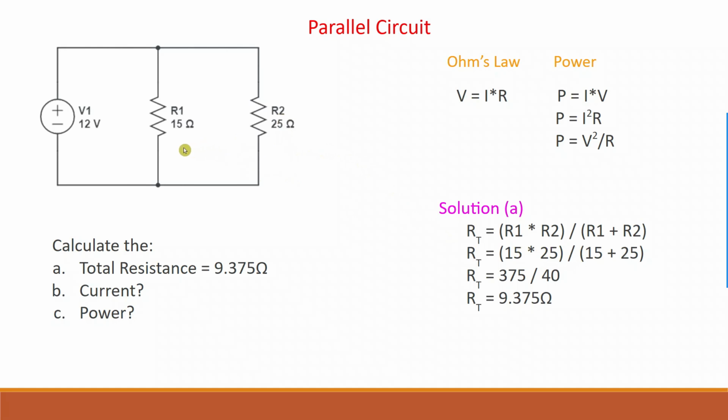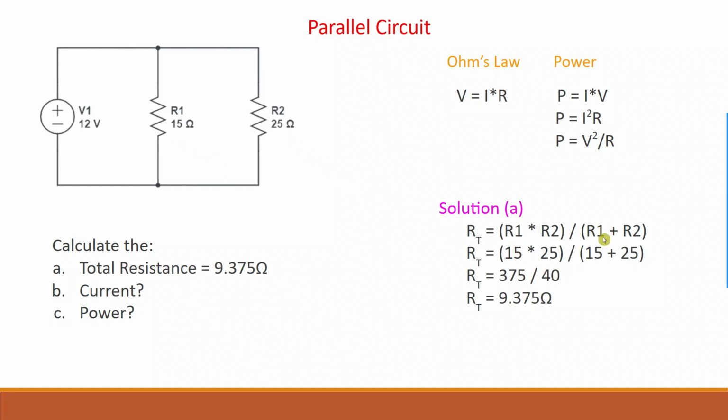Right now I am using two resistors R1 and R2, so it will be R1 into R2 divided by R1 plus R2. What is the value of R1? 15 ohm. What is the value of R2? 25 ohm.